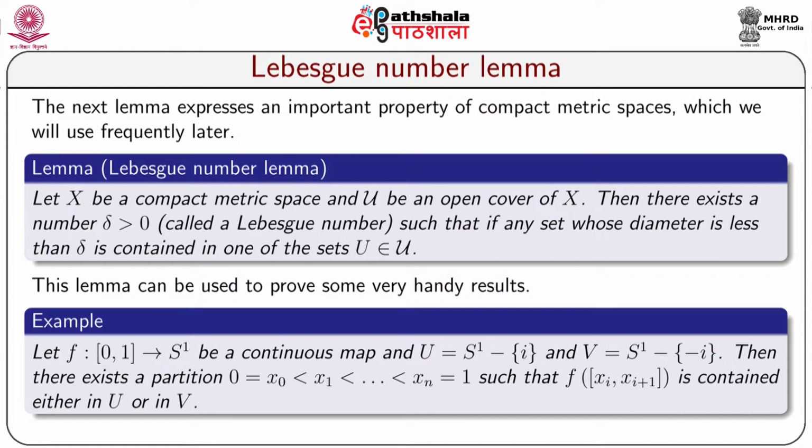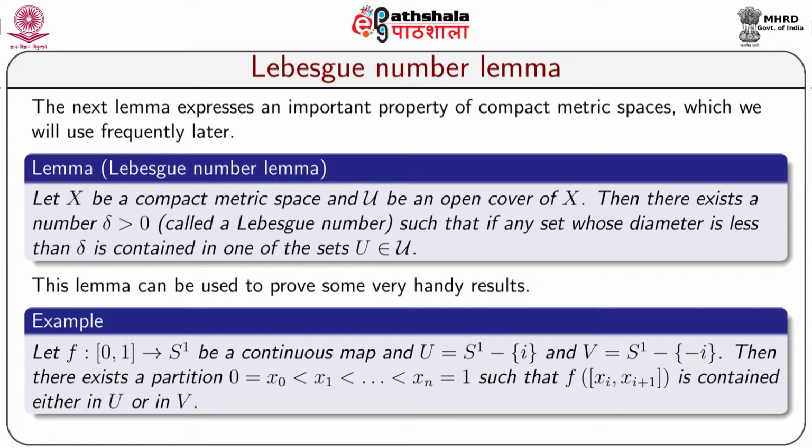So, there must exist a Lebesgue number, say delta. Therefore, by the Lebesgue number lemma, any subset with diameter less than delta is contained either in f inverse U or f inverse V. Now, we take a partition of the closed interval 0 1 such that the norm is less than delta.